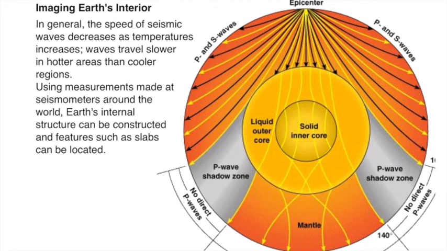But you can get P waves to travel through, so right across from the core you can get no S waves, but you can get P waves. That means that there must be some region that's liquid and some region that's solid.